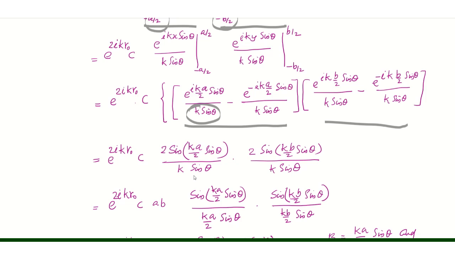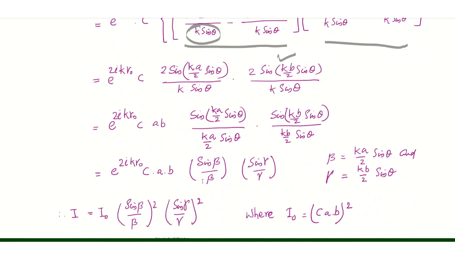It's the same with this one. You get sine of kb over 2, and if you substitute, all this is what you are going to get. A constant, a modified constant, and we wanted to write it in terms of sinc functions.